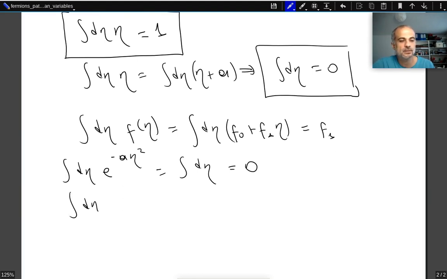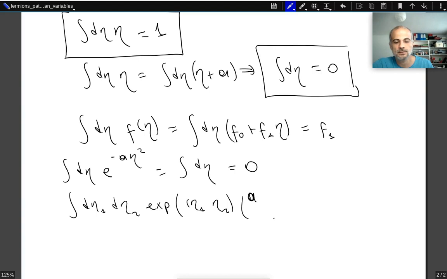Now we can have more than one Gaussian variable. Let's say we have the integral of d eta 1 d eta 2 of the exponent of minus one half eta 1 eta 2 times the matrix with entries a, c, minus c, b, times eta 1 eta 2.